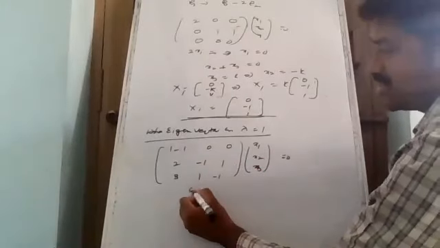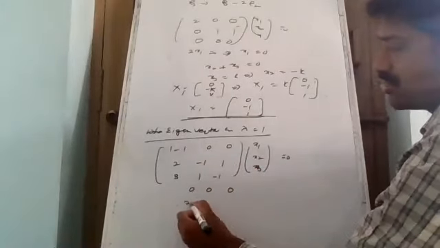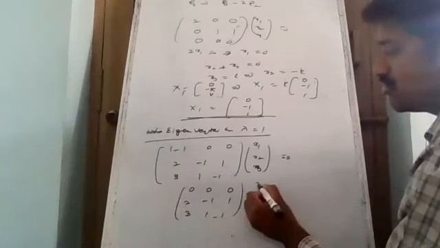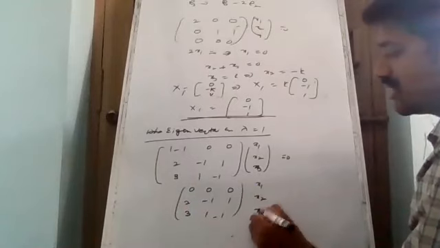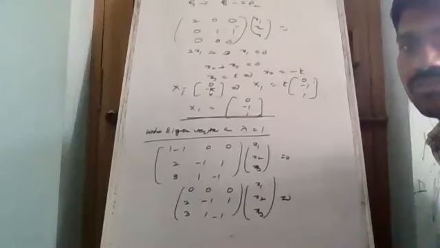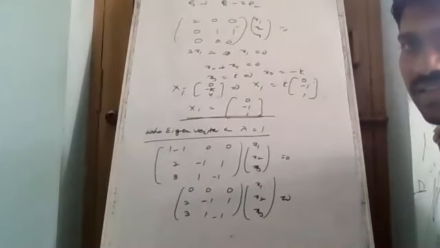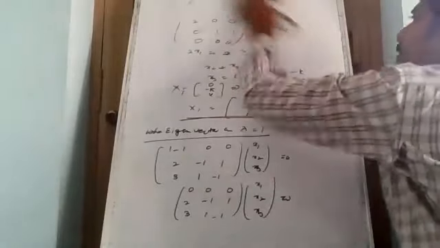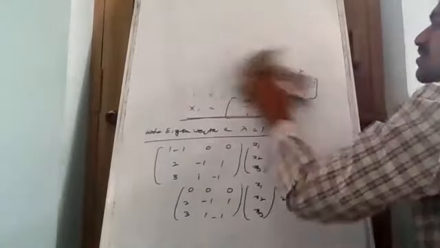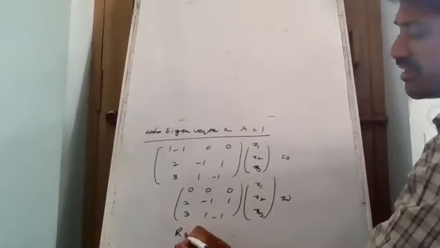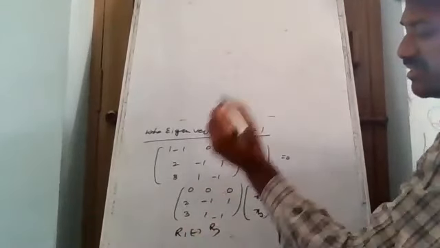By simplifying this, we get 0, 0, 0, 2, 1 minus 1, 1, 3, 1, 1 minus 1 into x1, x2, x3 is equal to 0. To reduce it into echelon form, first interchange R1 with R3.